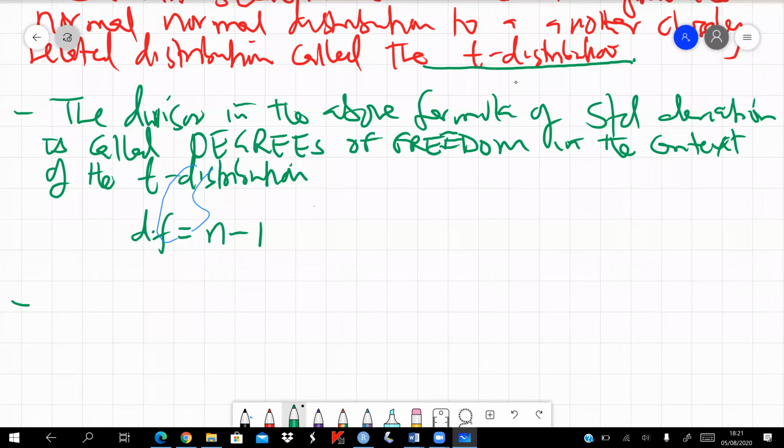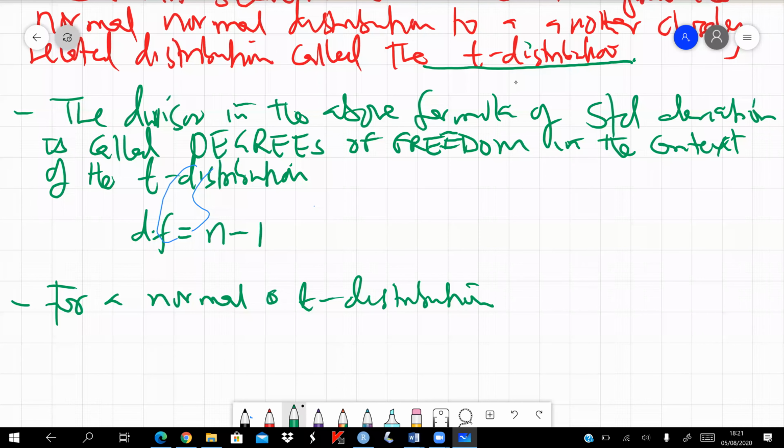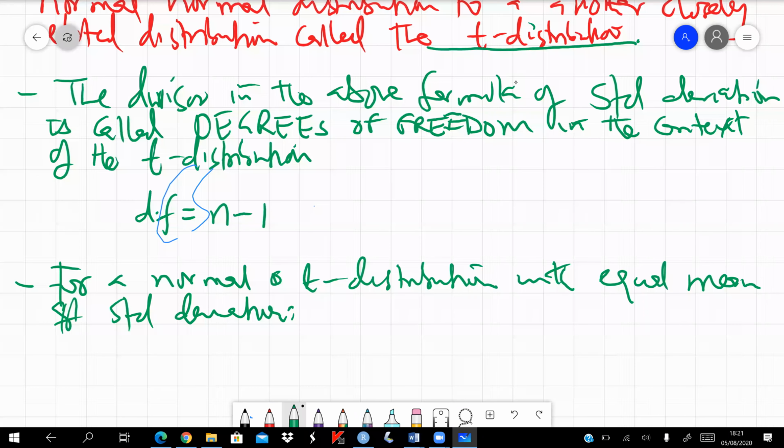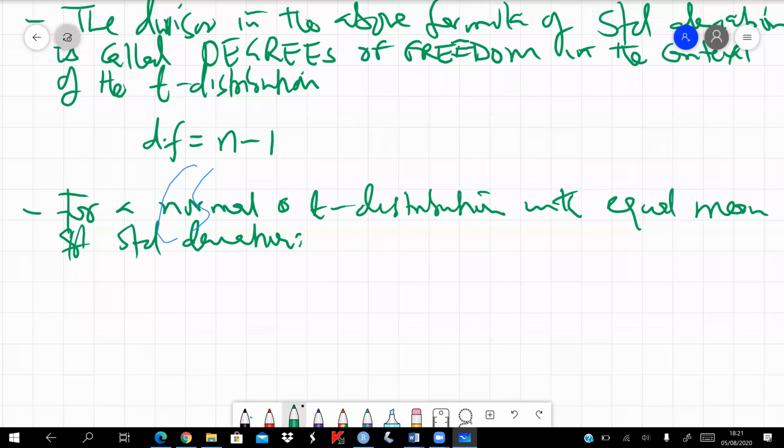Then let's look at how the shape of this distribution looks. For a normal and t distribution with equal mean and standard deviation, the distribution looks as follows. So this is how it looks.